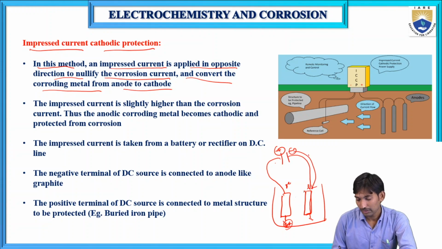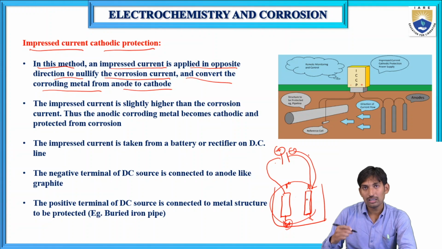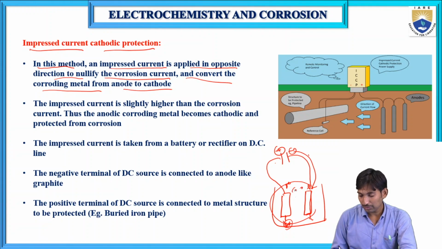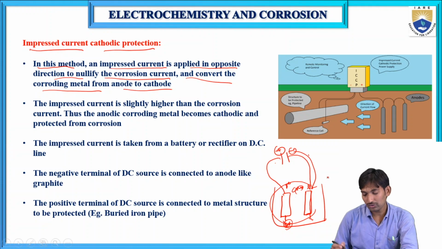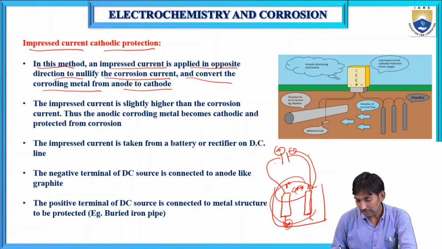Before connecting to a power supply, some corrosion current is there, with electrons moving from anode to cathode. To nullify this corrosion current, we have to supply some external current. The positive terminal is connected to our base metal, so our base metal acts as cathode and this neutral metal acts as anode.